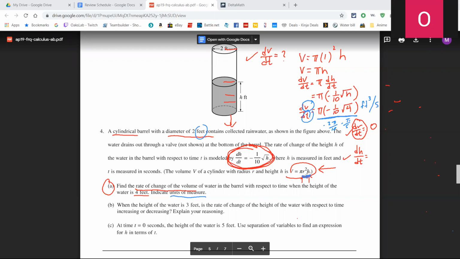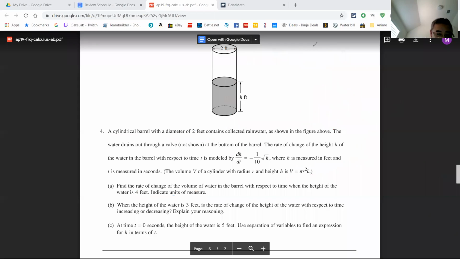All right. Yeah. So if we're going to skip that, we can go straight to B then. So let me erase all this and clear all this out. I'm going to go to B then. Part B. When the height is 3 feet, the rate of change of the height of water with respect to time, so that's dH/dt is what they're asking for, or H prime, increasing or decreasing.